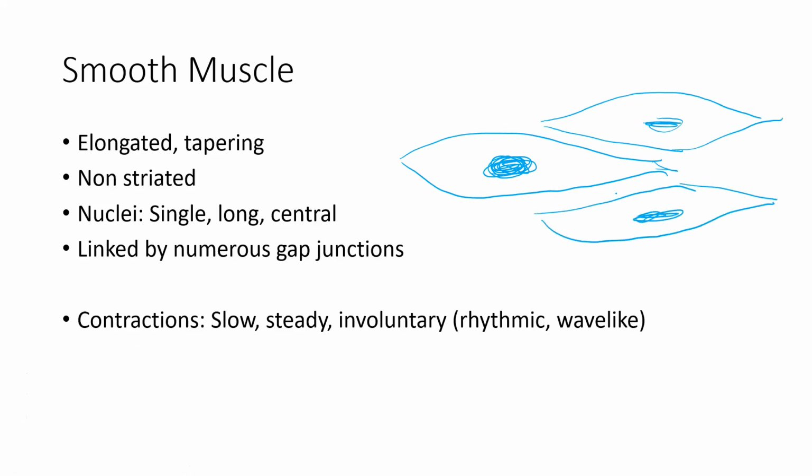Usually the thick area of one smooth muscle is closer to the thin areas of the adjacent smooth muscle cells. They are not striated, and these are linked by gap junctions. Their contractions are slow, steady, and involuntary. So they are rhythmic and wavy.